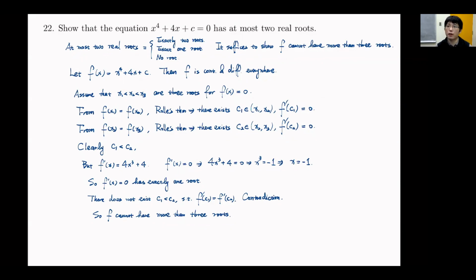However, I will still insist on lecturing these problems in at least the supplementary video, because I think it's helpful for students to have some exposure to the argument by contradiction. This is actually a very, very useful method to prove some mathematical facts in higher level research. So at least you have seen some argument by contradiction in the calculus course.